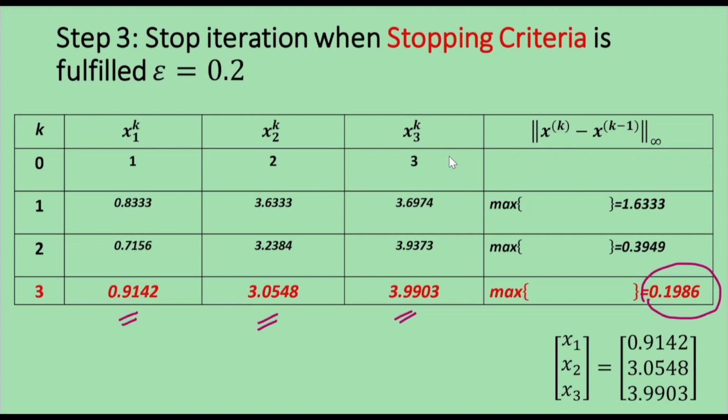Now let's refresh our memory. How do we find the infinity norm? We would take this value minus this value, the absolute value of it, which is 0.1667, and this minus this, the absolute value of it, 1.6333, and this minus this, the absolute value of it is 0.6974, and so the maximum of these three values would be 1.6333.